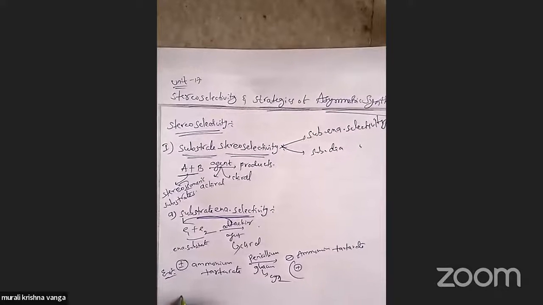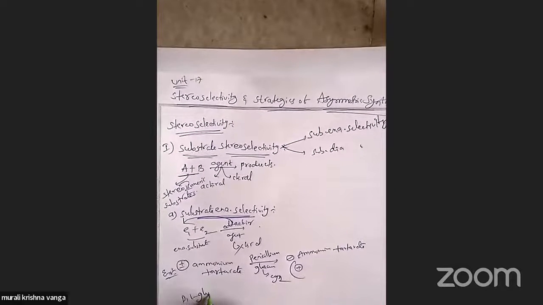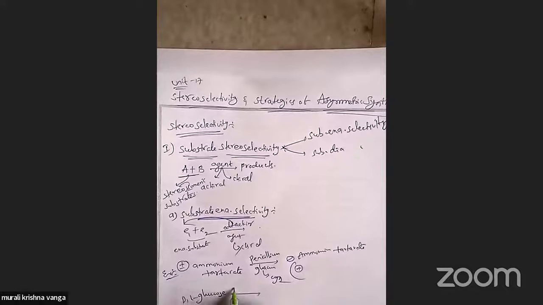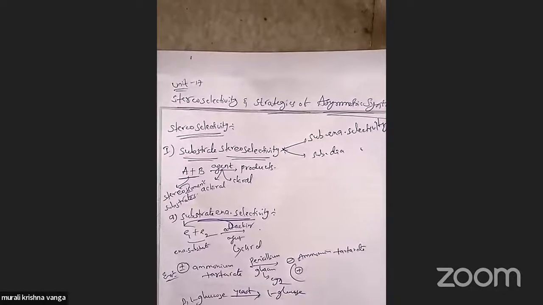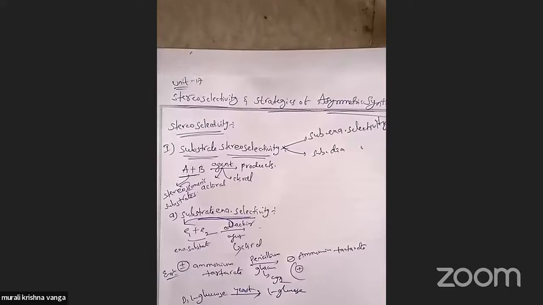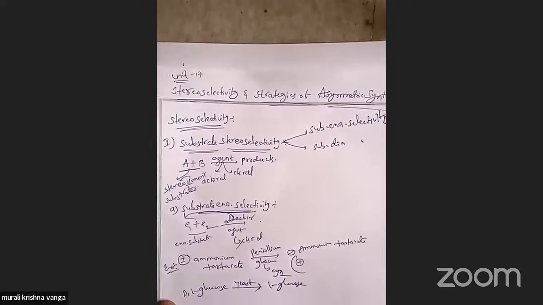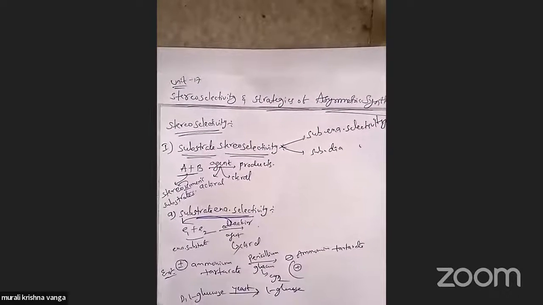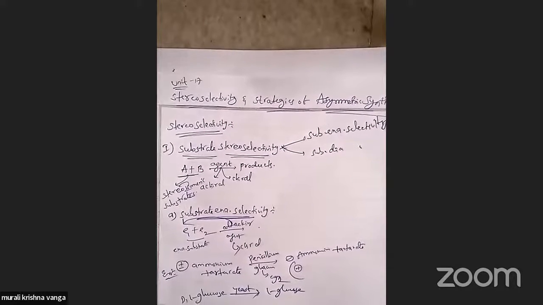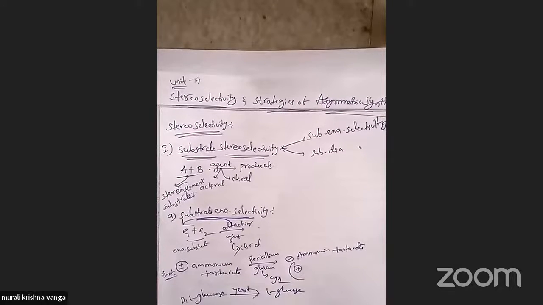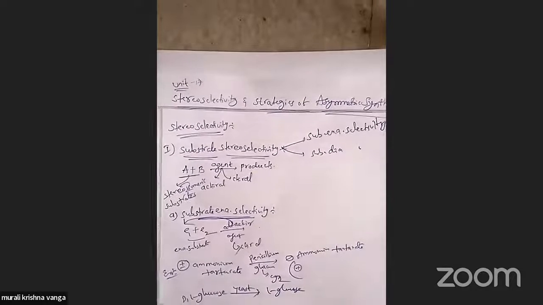Next example is DL-glucose. When reacting with yeast, D-glucose is consumed by the yeast enzyme, giving L-glucose. So this is substrate enantiomer selectivity. Here we are taking a mixture of two enantiomeric substrates.